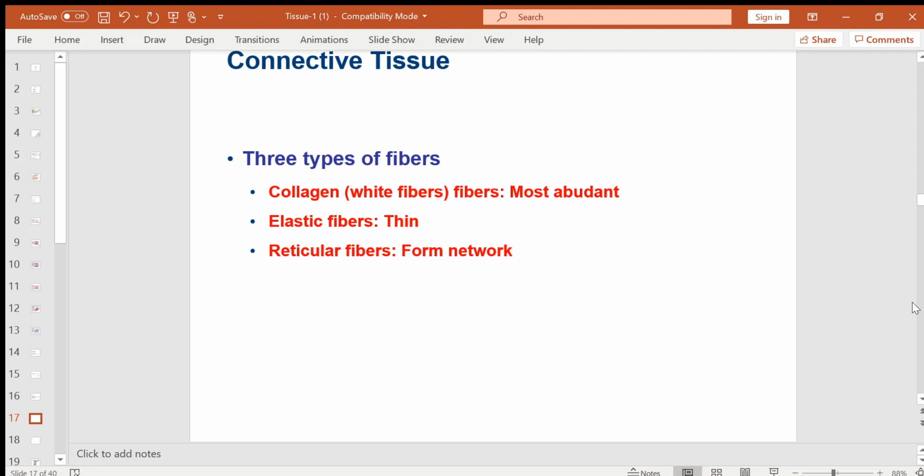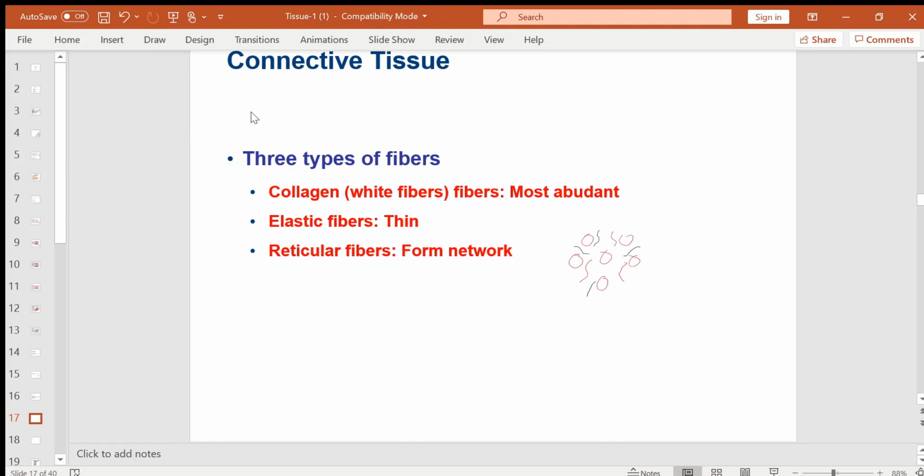Now I told you that in the matrix you have ground substances and the fibers. So there are three types of fibers we see in the connective tissue. Not all three types are present in the same connective tissue.